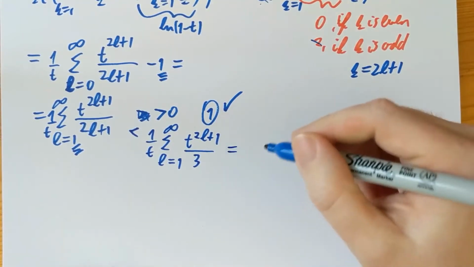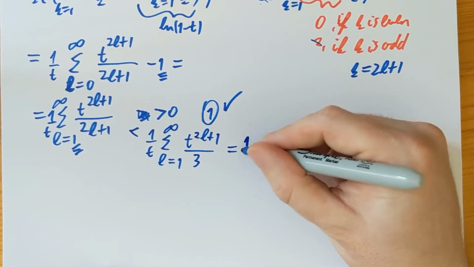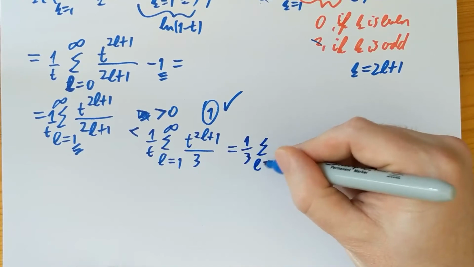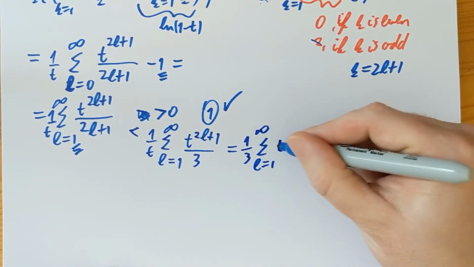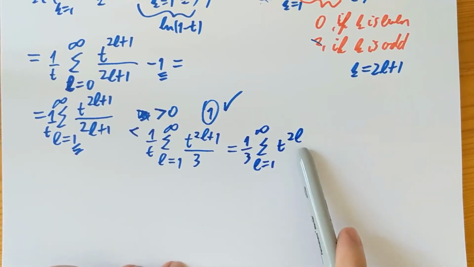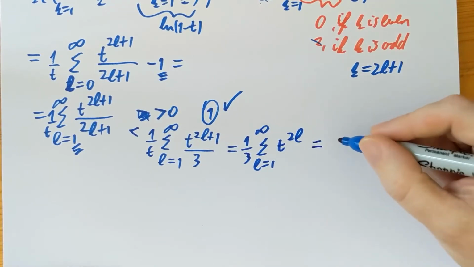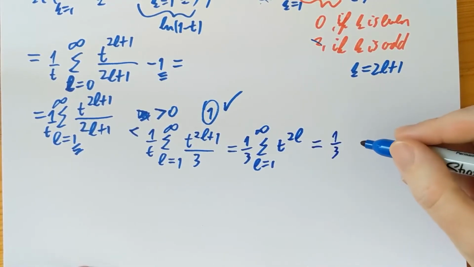And this is something easy to sum up, because it's simply a geometric sum of t to the 2l from l goes from 1 to infinity. It's the l's power of t square, and t is smaller than 1. So I can sum this up easily.